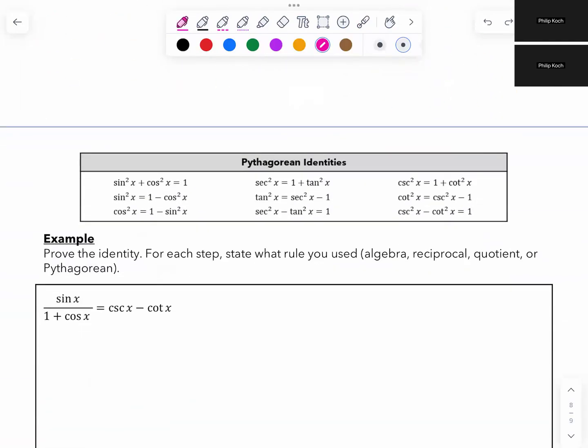Math tool for the toolkit: multiplying by conjugates. There are several rules that mathematicians always have on hand.